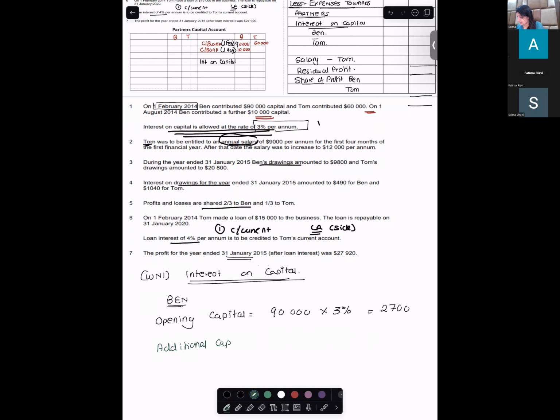How much is additional capital? 10,000. Into how much percent? 3%. For how many months? 6. So from August to 31st Jan. So it will be August, September, October, November, December, Jan, into 6 by 12.